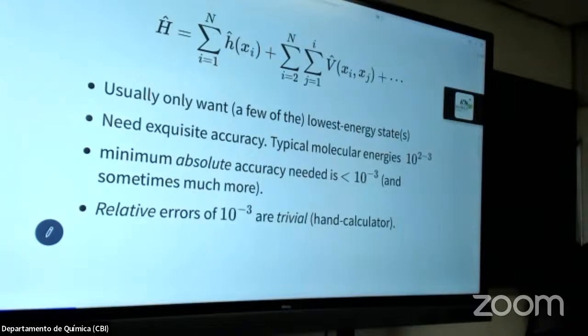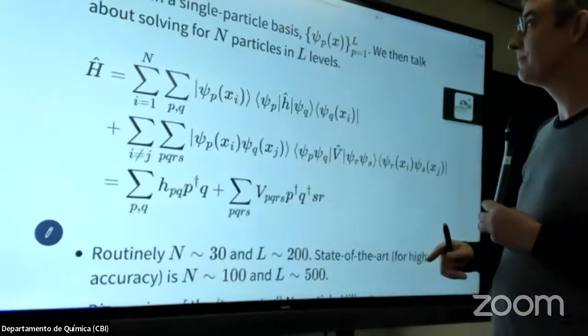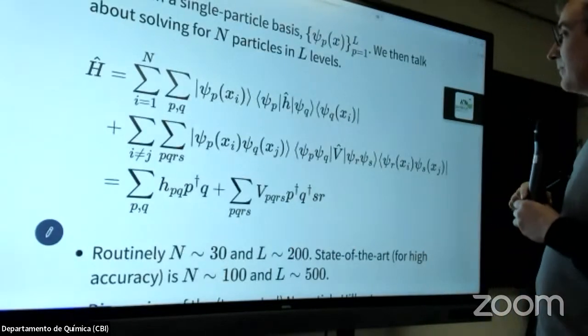You literally just take your molecule and add up all the atomic energies. That is your molecular energy to 0.1%. So obviously all the chemistry is below that 0.1%. Okay, next.